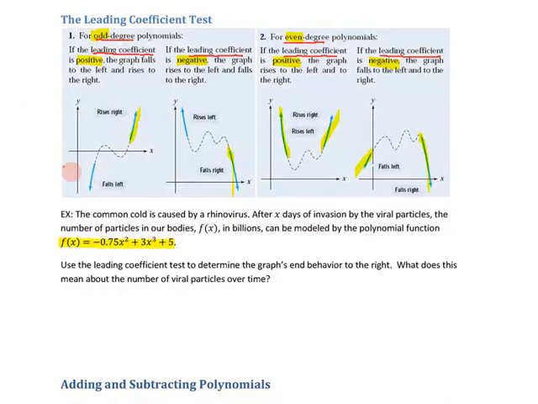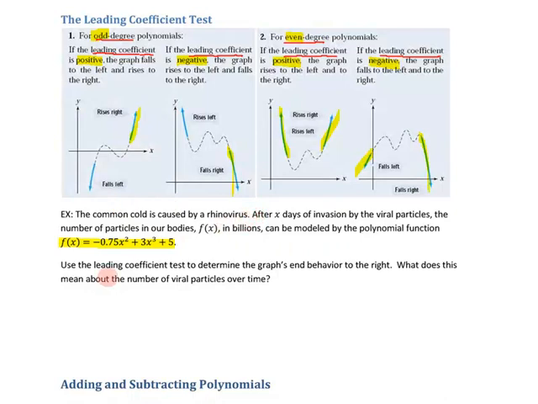And what that function tells us is that the output is in billions, and X is the number of days of the infection. Okay, now we're going to use the leading coefficient test to determine the graph's end behavior to the right. Okay, what happens as we go on to the right?